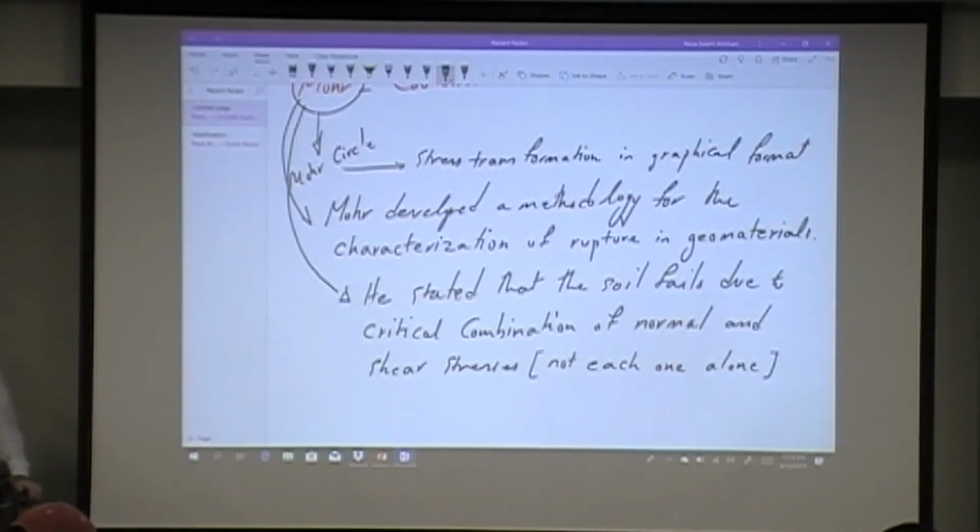He stated that the soil fails due to a critical combination of normal and shear stresses. Not just normal stress and not just shear stress. A critical combination of the two.